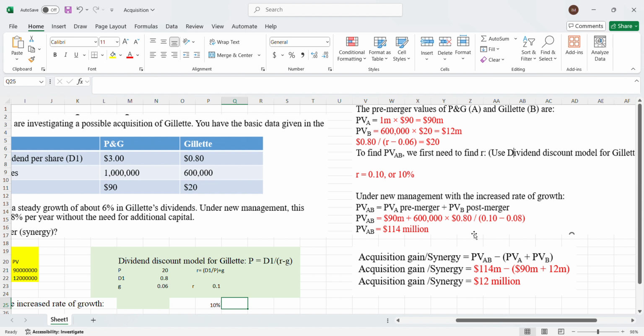Now you know the new present value and the existing present value. Our previous present value was 90 million for P&G and 12 million for Gillette. We sum these two, and under the new management the present value is 114 million. If we take the difference, we get 12 million. So for this acquisition, there is a 12 million gain.